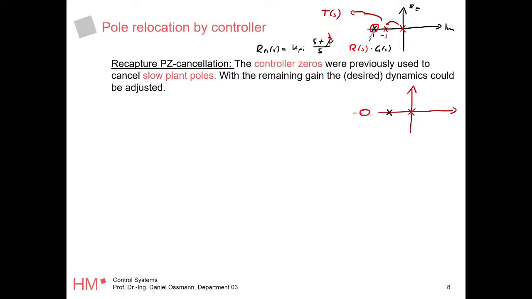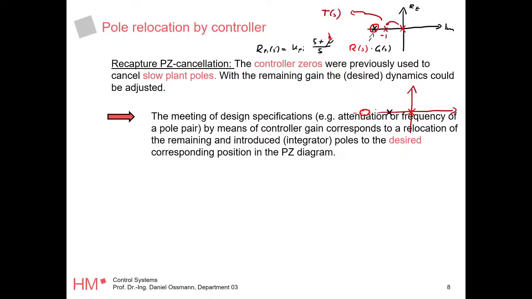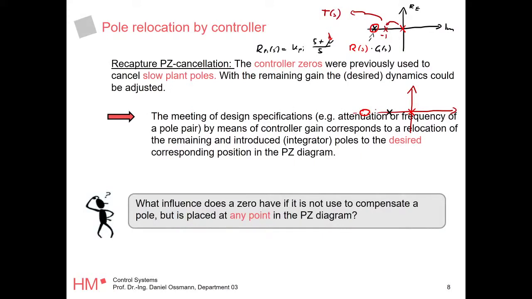When you close the loop, these two poles will get relocated. They will end up somewhere here in the left half plane, hopefully. The question is where, and this is what the root locus method is about. So the question now is, what influence does a zero of our controller have if we don't use it to compensate a pole?